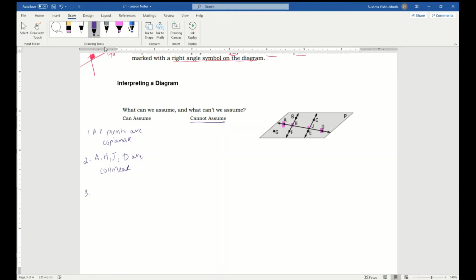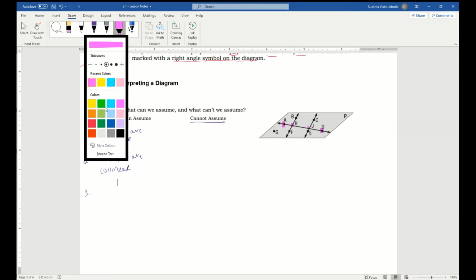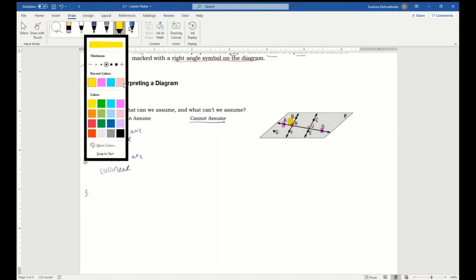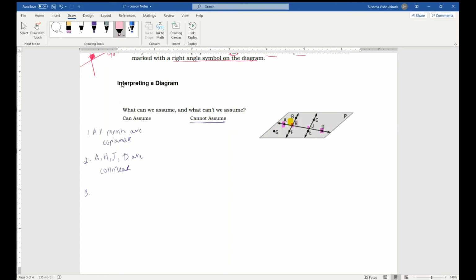Now, I can also assume angle AHB, which is right here, and BHD, which is right here, are a linear pair.